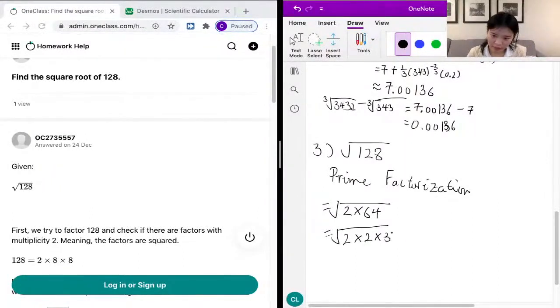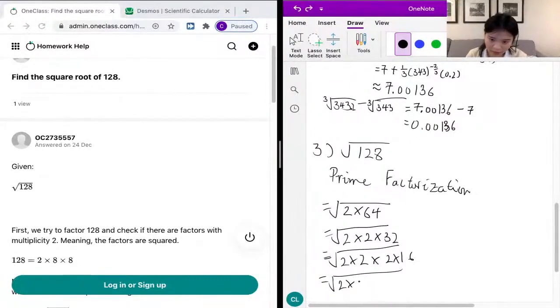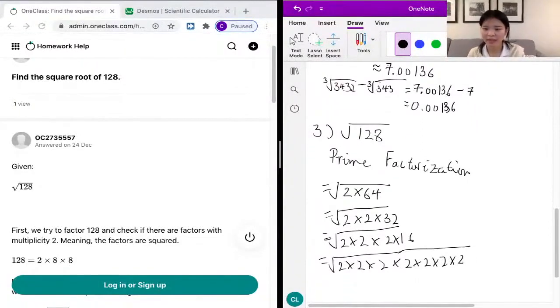And 2 is also a factor of 32, so we do 2 times 16, and 16 is 4 2's multiplied together, so 2 times 2 times 2 times 2. It might be easier from here because you also know that 8 times 8 is 64, so you might be able to get your answer directly from here.